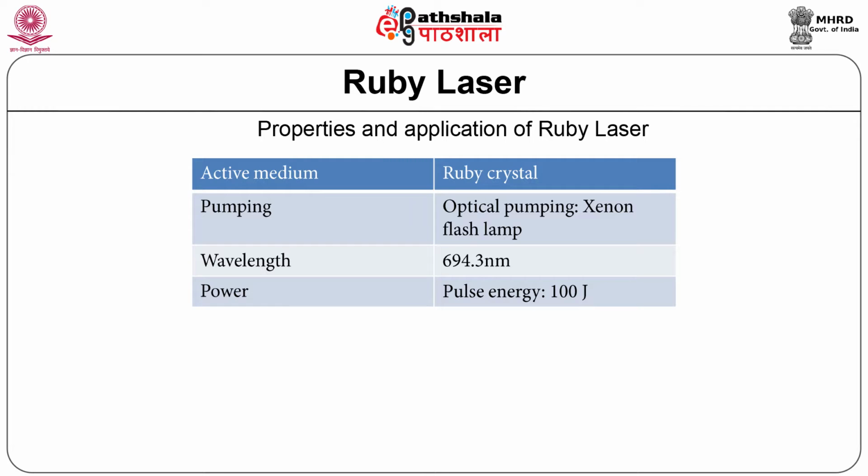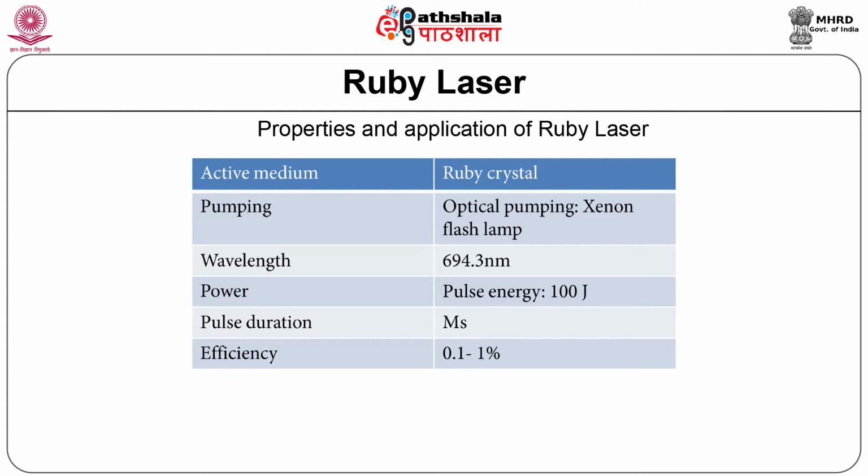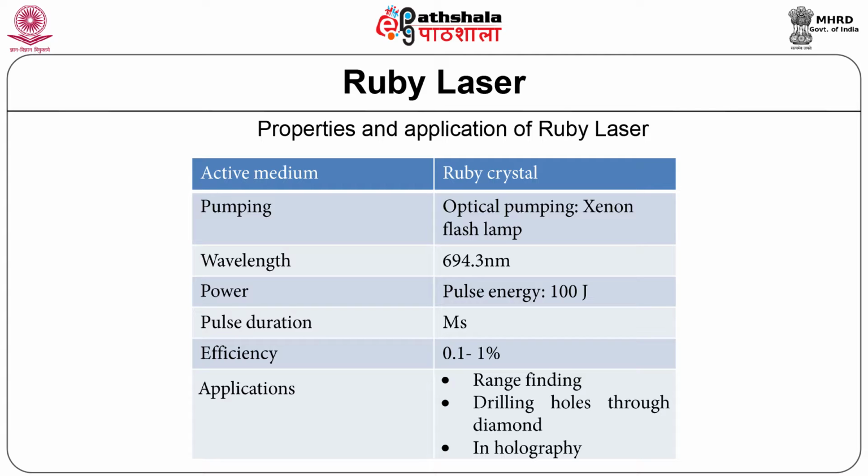Power output is a pulse energy of 100 joules, and pulse duration is in milliseconds. The efficiency is 0.121%. Different applications are range finding, drilling holes through diamond, and also holography.